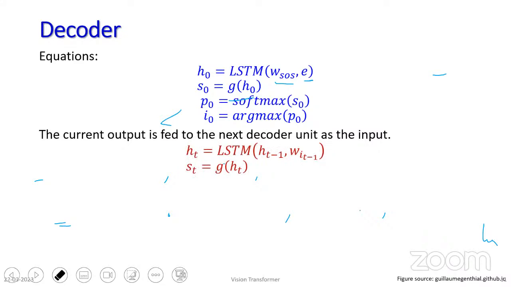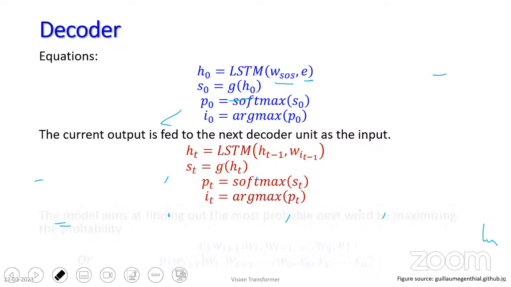HT is equal to LSTM of HT minus 1 and WIT minus 1, ST is equal to GST, PT is equal to softmax. This process continues, and every time we find the arg max, maximizing the probability of the occurrence of a word, and the corresponding word is chosen.